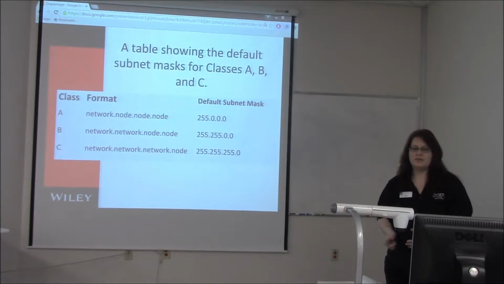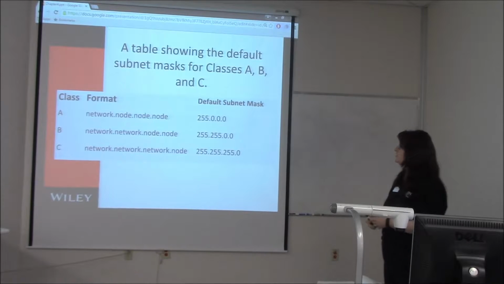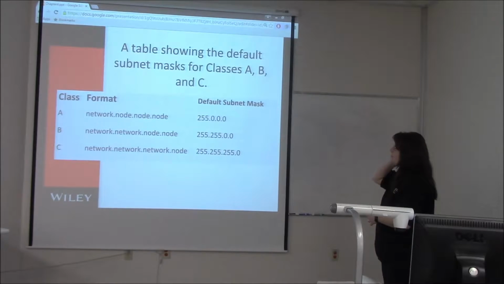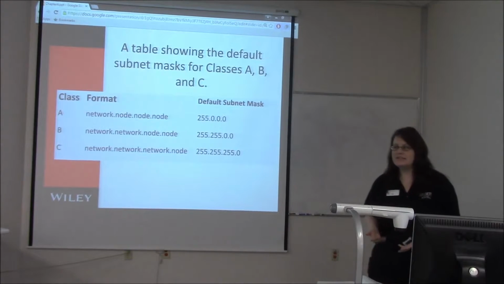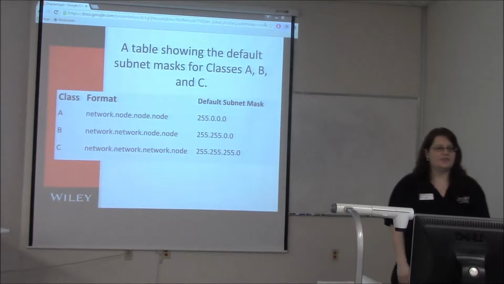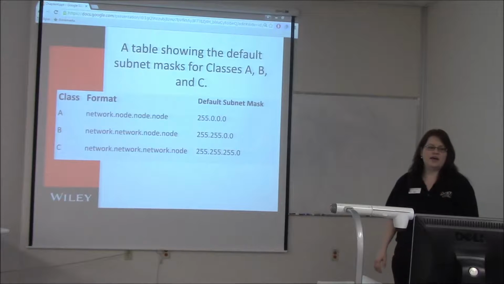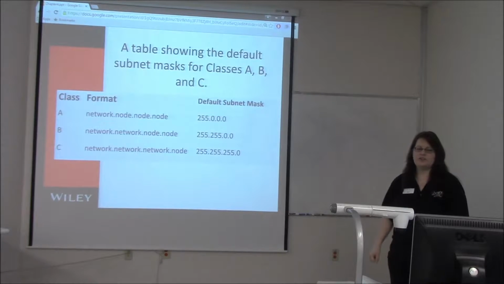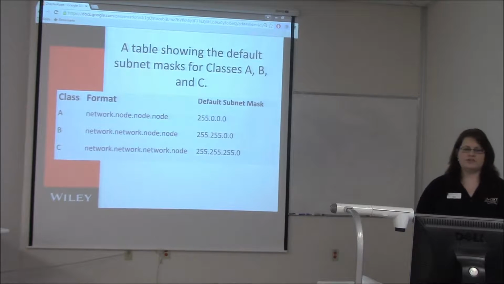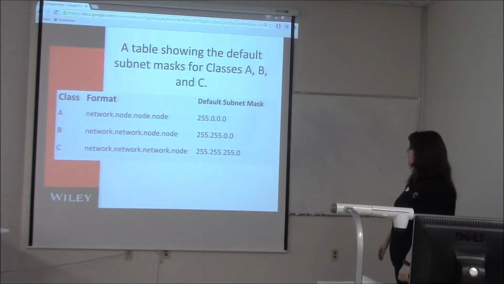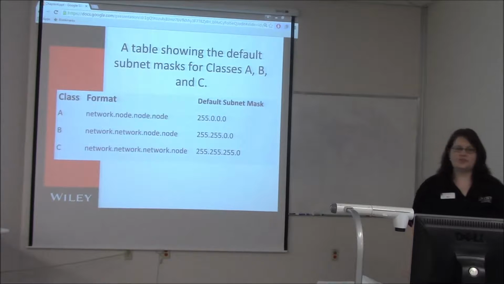So speaking of subnet masks, we had talked about previously the default subnet mask for a Class A, B, and C address. We're not assigning D and E addresses, so we don't really care what their default subnet mask is. But basically everywhere you see the word network, there's a 255, and everywhere you see a node, there's a 0. That's how we determine the default subnet mask for those classes.